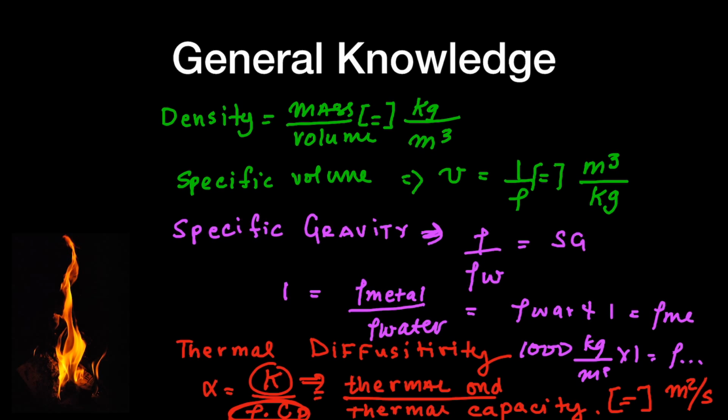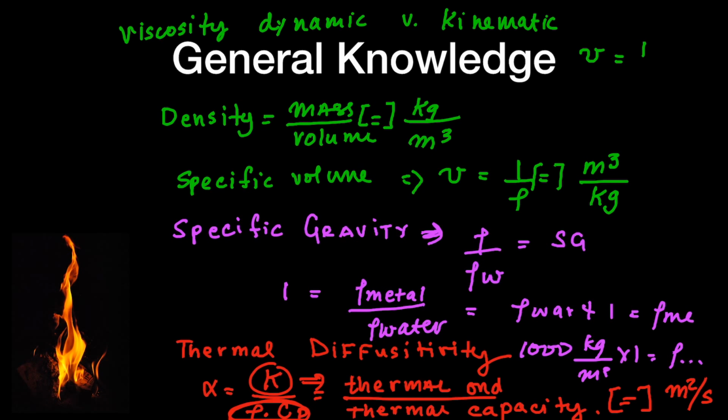Also an important part is viscosity, especially the difference between dynamic versus kinematic. This is also one good way, because sometimes you're given both the dynamic and kinematic viscosity and you need to find out temperature. Kinematic viscosity equals dynamic viscosity divided by density.